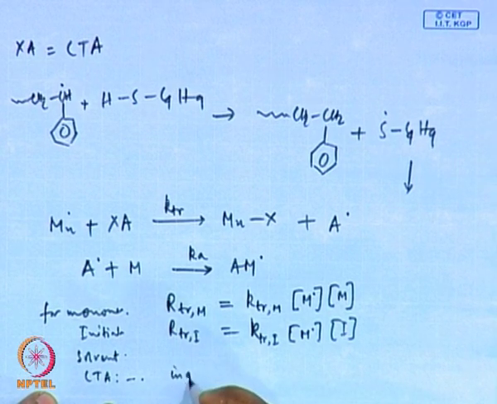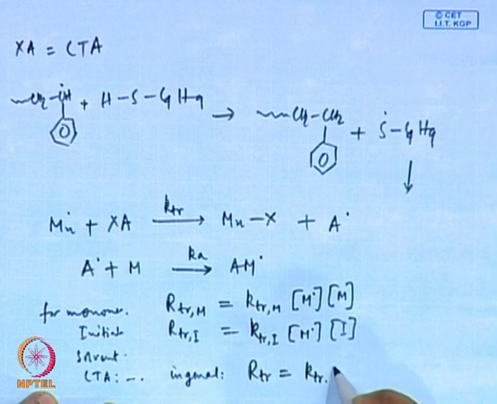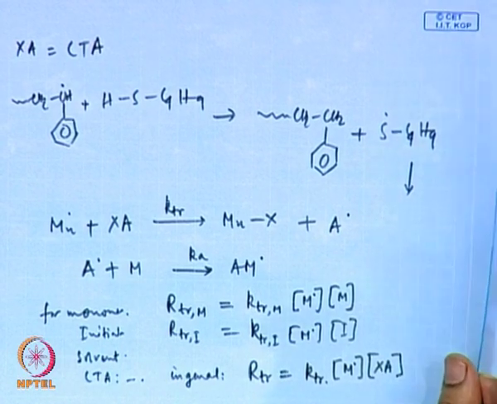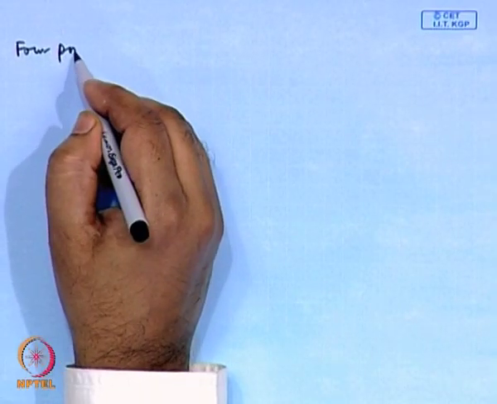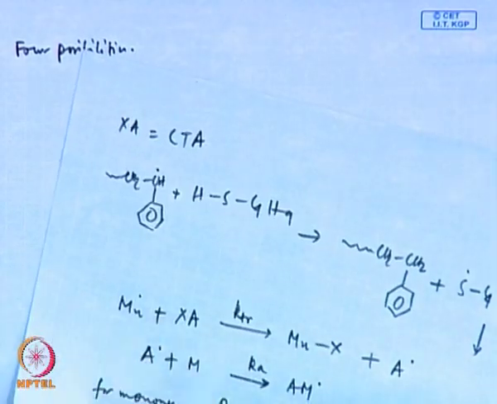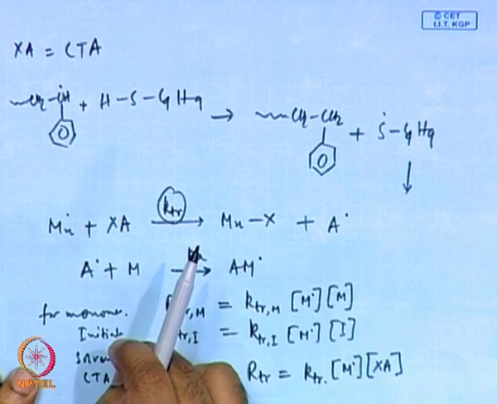So, in general we can write rate of chain transfer is rate constant for transfer, m dot x a. Now, there could be four possibilities. This is the rate constant for the transfer reaction.